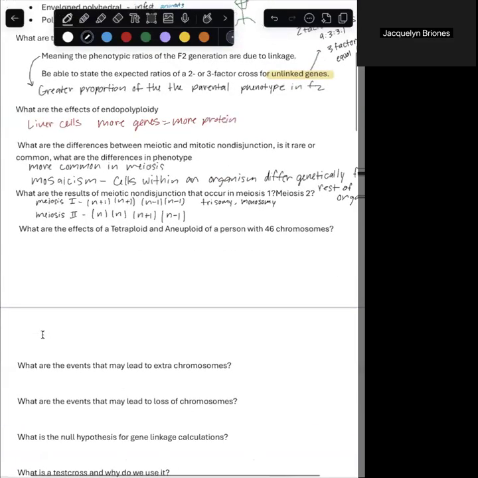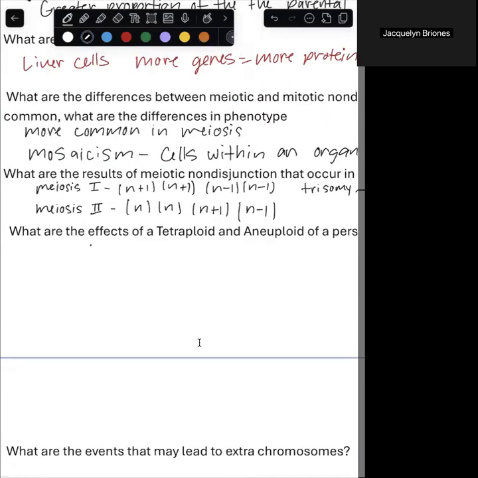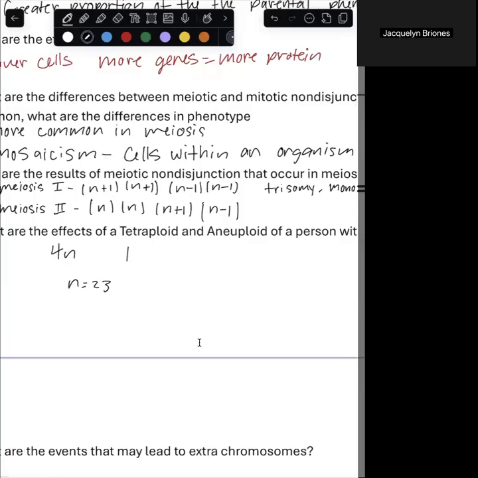Okay, what are the effects of tetraploidy and aneuploidy in a person with 46 chromosomes? So tetraploidy would be 4N. This is a person with 46 chromosomes, so N equals 23. You would do 4 times 23, and you would get 92.